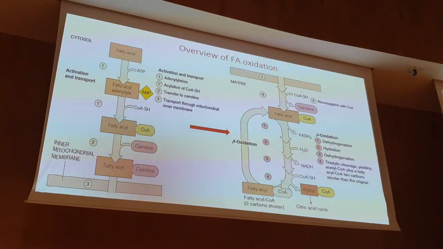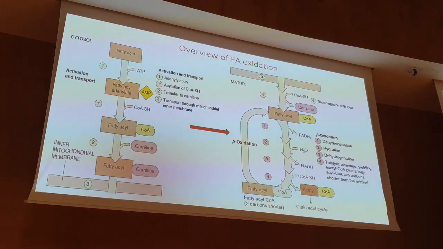Just like how we activate glucose with UDP, just like how we activate acetyl-CoA and malonyl-CoA with ACP, we now need to activate the fatty acid by adenylating it. Okay? So step number 1 is we put an AMP onto the fatty acid. So now we have fatty acyl AMP.